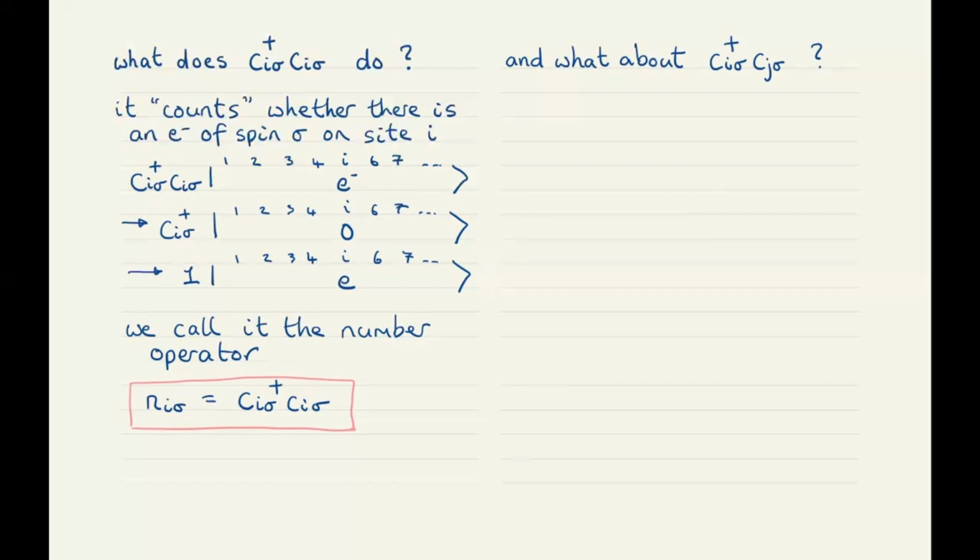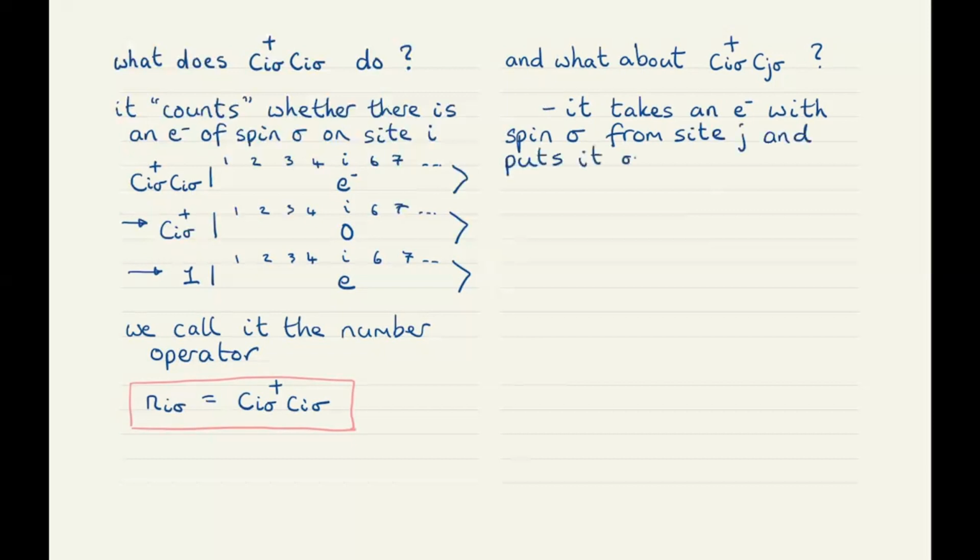Well, this one we can see annihilates an electron with spin sigma on site j and creates an electron with spin sigma on site I. So this operator takes an electron with spin sigma from site j and moves it, puts it on site I with the same spin.